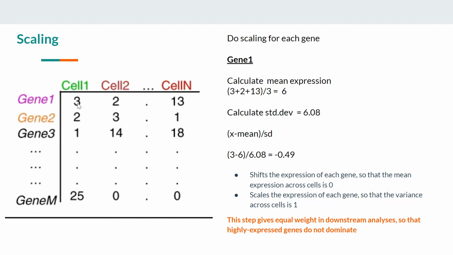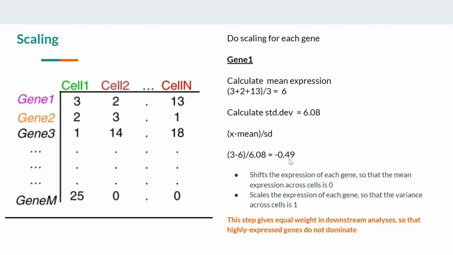So in this example, let's calculate for gene 1. The counts are 3, 2, 13. If you calculate the mean, 3 plus 2 plus 13 divided by 3, the mean becomes 6. And if you calculate the standard deviation, it becomes 6.08. So what we need to do is take 3 minus 6, that is the mean, and then divide with respect to the standard deviation.